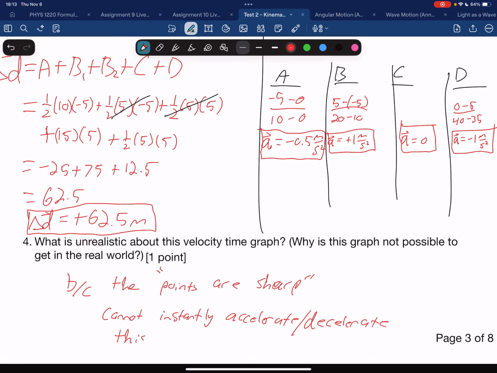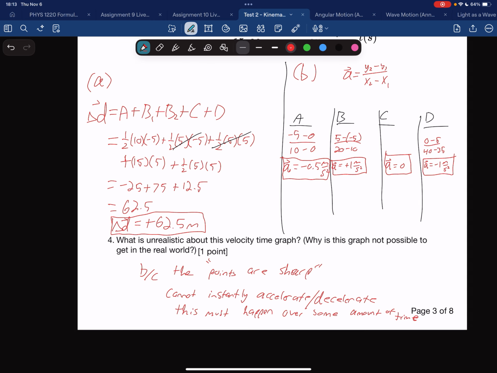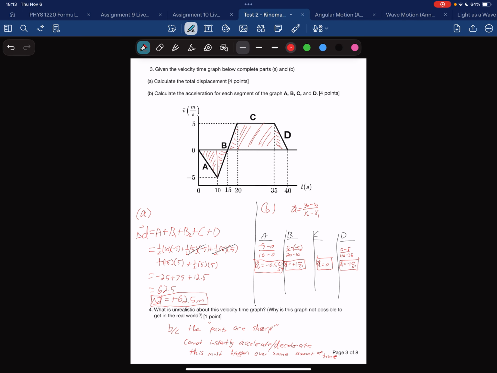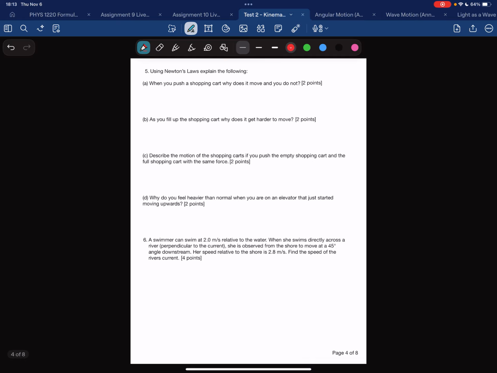This must happen over some amount of time. So that's what that was. Just worth 1 point, one small little part there. So that was questions 3 and 4.